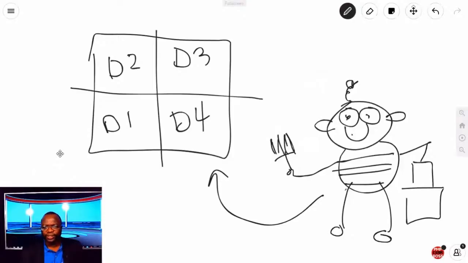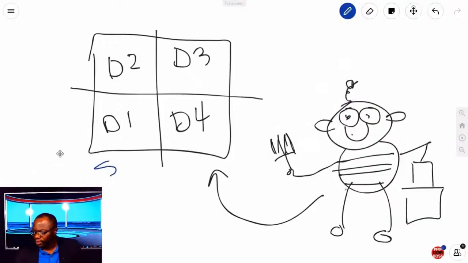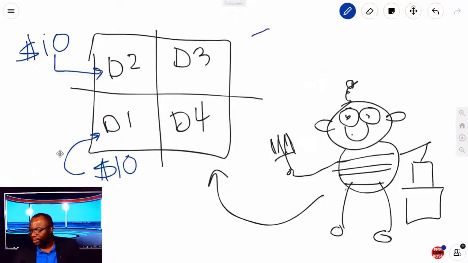And then management says to Herman, okay, so how much is this going to cost you? Herman says, no problem. On day 1, this is going to cost $10 to paint that part of the wall. On day 2, it's also going to cost me $10 because the conditions are exactly the same. On day 3, it's also going to cost me $10 to paint that.